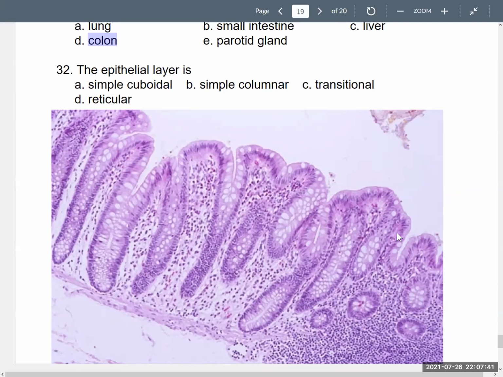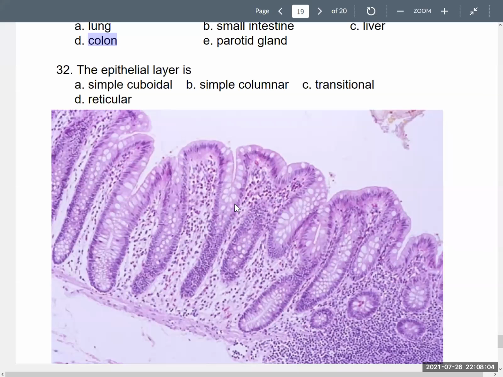Okay. The epithelial layer is here. And since it's part of the GI tract, these must be simple columnar epithelial cells, and they are.